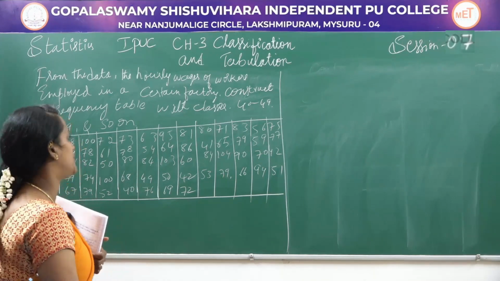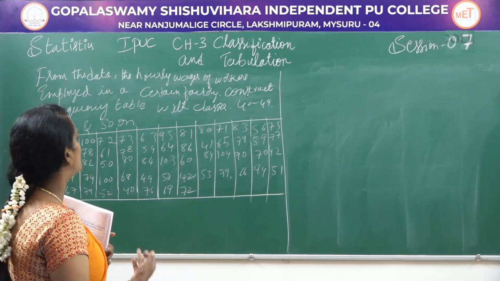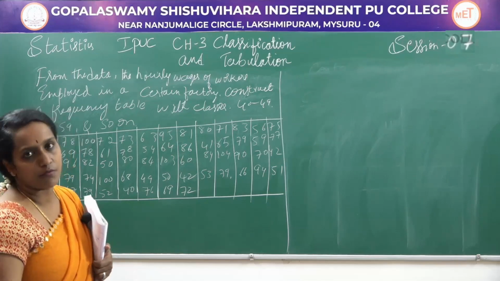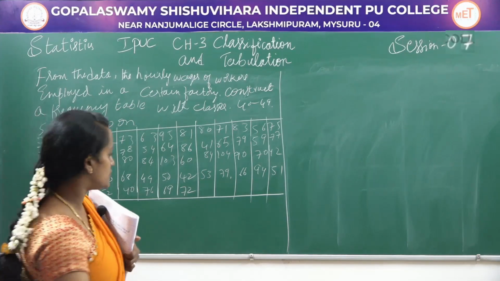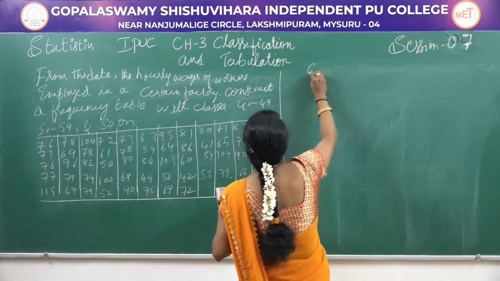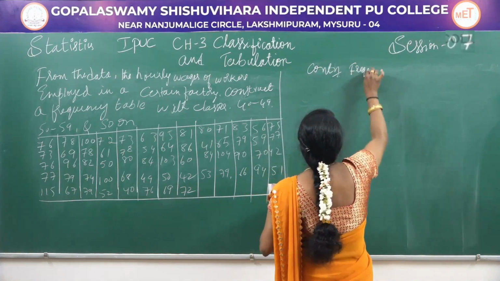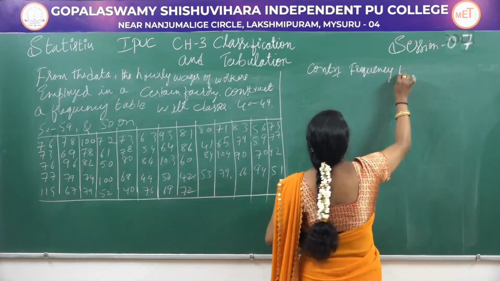They have given the width of the class interval, and the given class interval is in the form of inclusive class intervals. So let us construct that continuous frequency distribution.